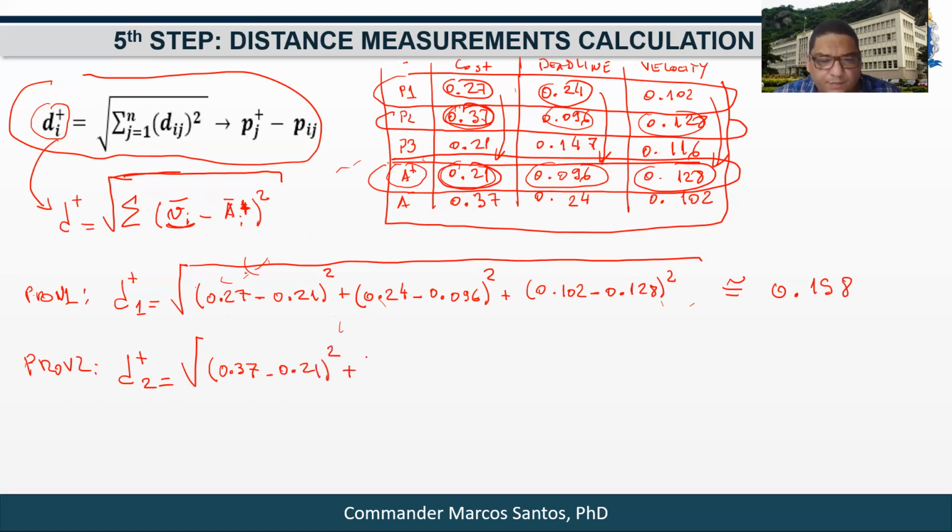Square plus 0.0996 minus 0.096 square plus 0.128 minus 0.128 square.